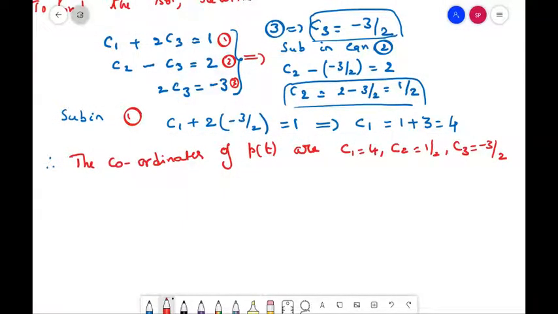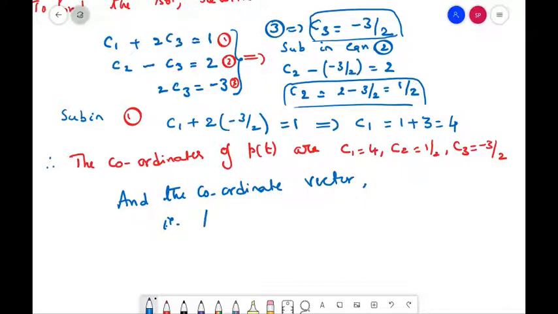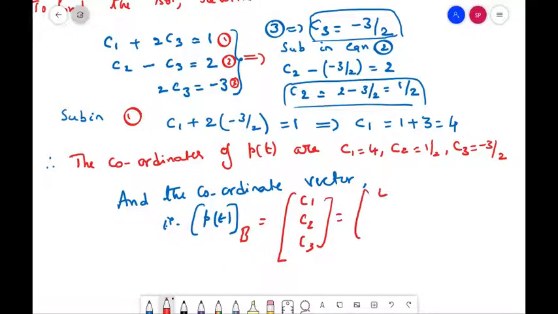And the coordinate vector of P of t with respect to the basis B is equal to C1, C2, C3, that is 4, 1 by 2, minus 3 by 2. So we find coordinates as well as coordinate vector.